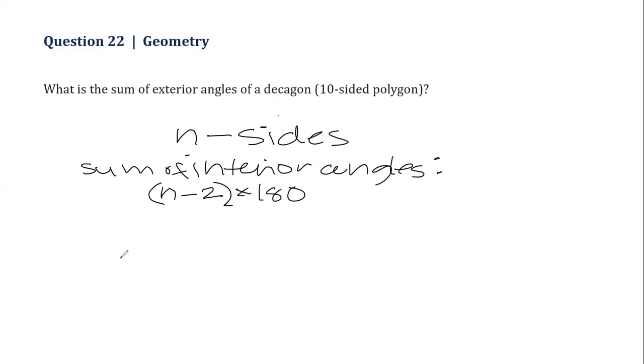From what I showed you about exterior angles, a straight line has 180 degrees, right? So let's say this interior angle is A. The exterior angle would then be 180 degrees minus A.